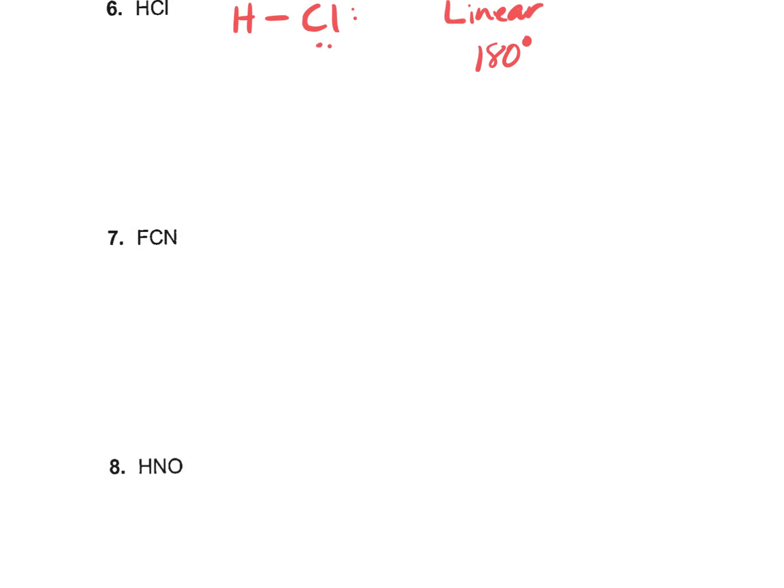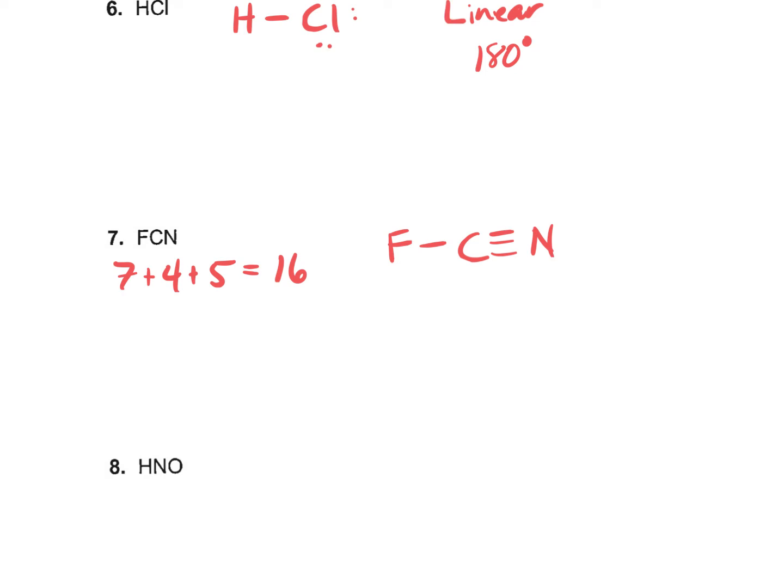First, I'll count the valence electrons. So that's 7 for fluorine, 4 for carbon, 5 for nitrogen. Okay, that's 16 valence electrons. So I'll tell you what, I do know that there's going to be a triple bond here because I know that this is a cyanide group.